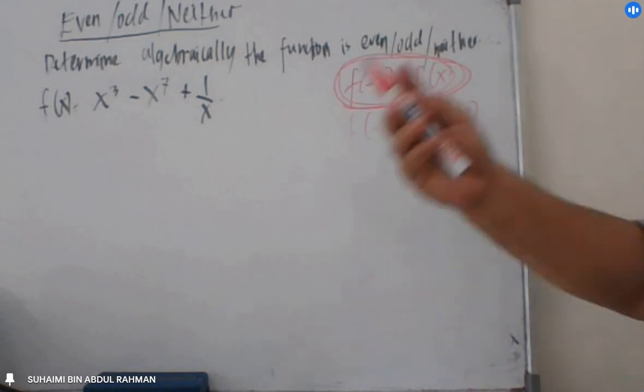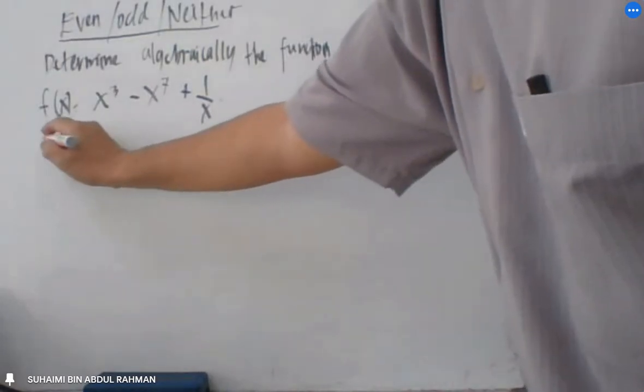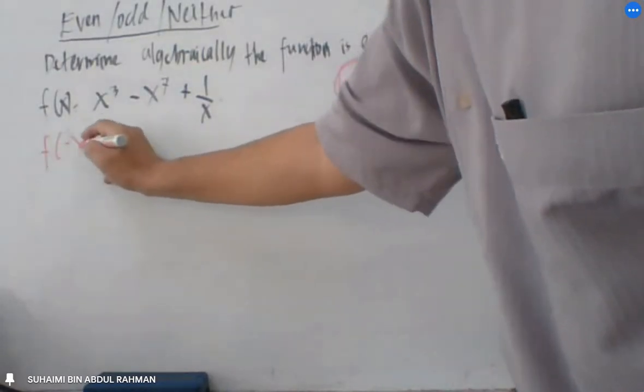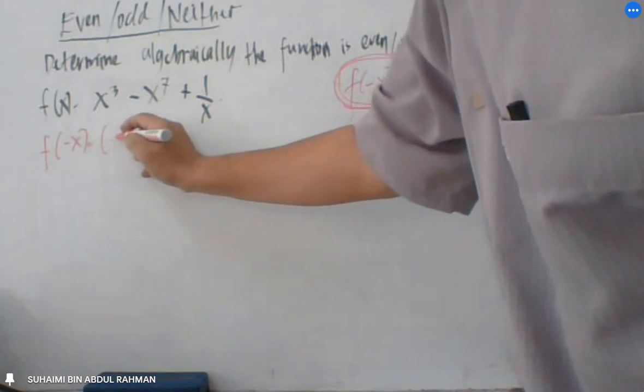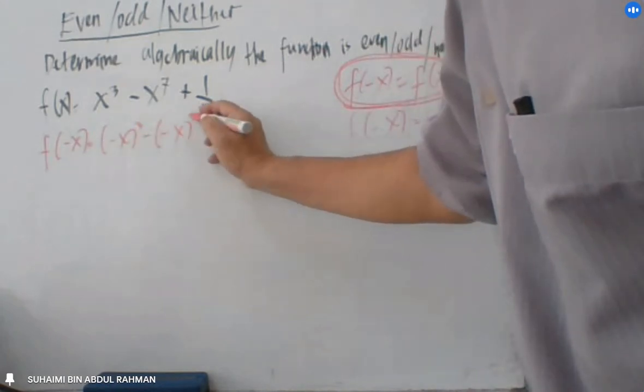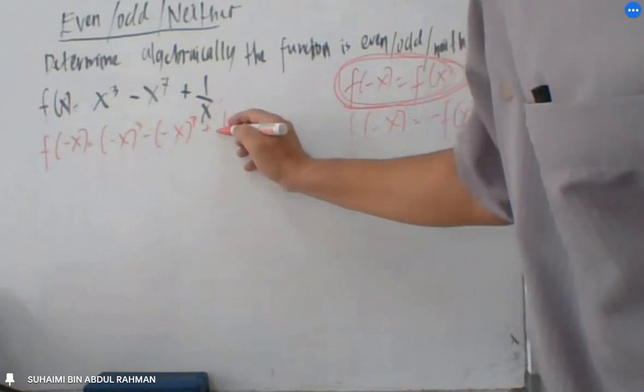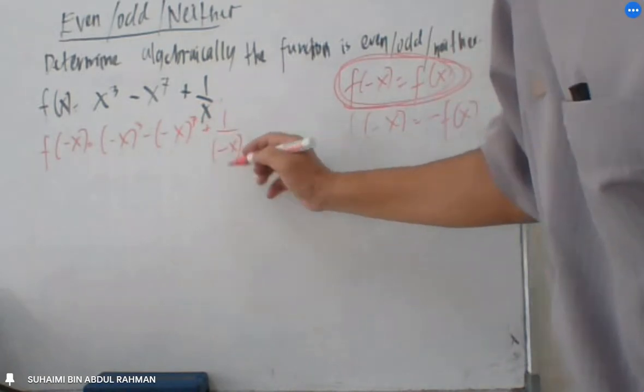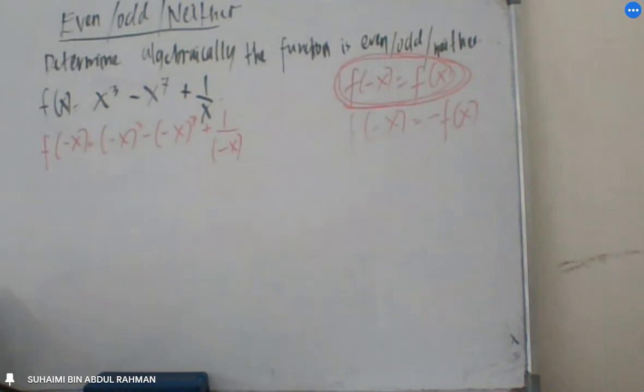So what we do, the same. f(minus x) equals minus x to the power of 3 minus minus x to the power of 7 plus 1 over minus x.